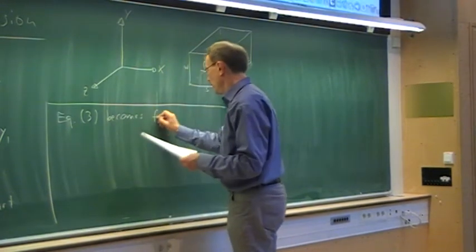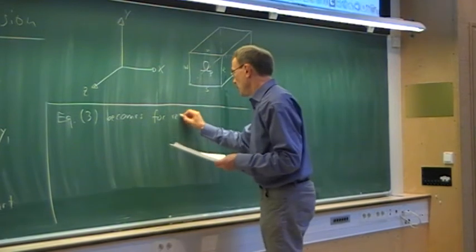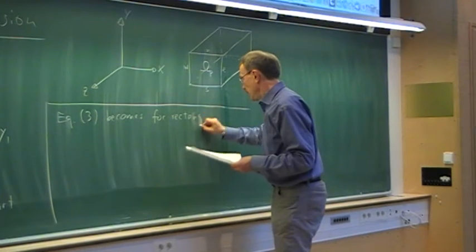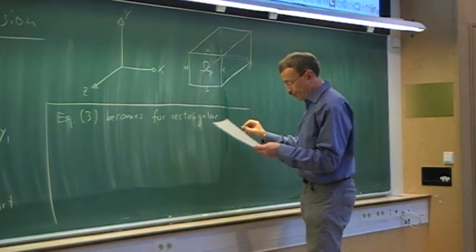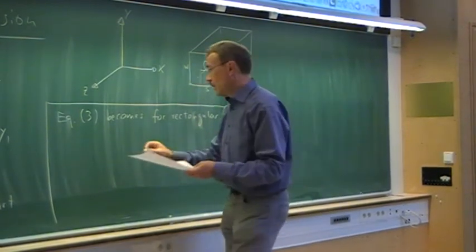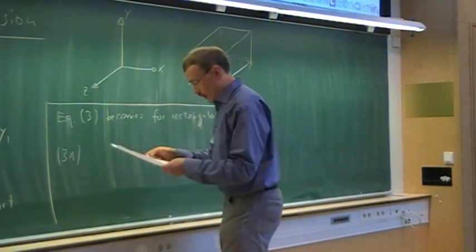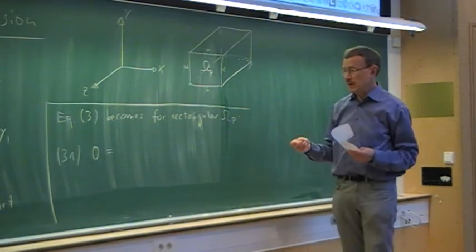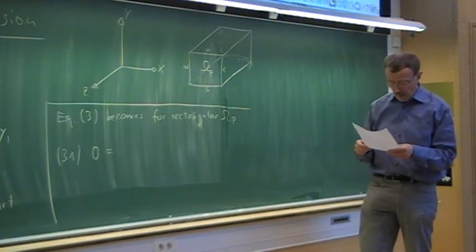for a rectangular control volume the following, and that is now, I think, equation 31. We have 0 because we have no time dependence here, and we have no velocity, the velocity is 0.